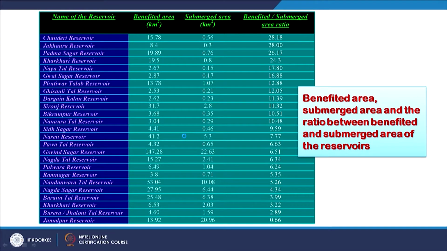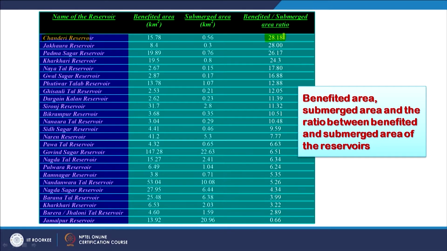So, keeping this benefit versus submerged ratio and analyzing existing reservoirs in the Bundelkhand region, which is a hard rock terrain, the Bundelkhand gneissic complex, we could identify reservoirs like the first one, the Chanderi reservoir, which falls in Madhya Pradesh of Bundelkhand region.